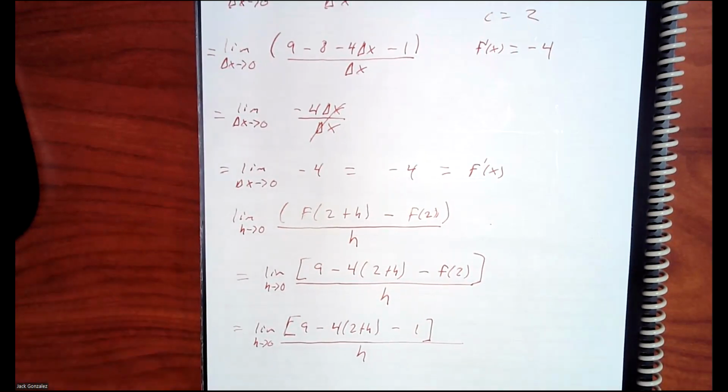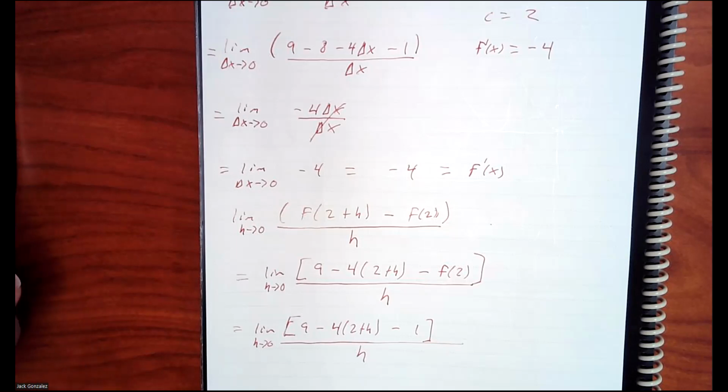Okay, does that make more sense? Yes. So just replace h with delta x, and that's what they got. They just used a different notation. Yeah, that question is a little odd, but you basically have to look at it and see, okay, what is the f of x plus h, and what is the c that's going in there?